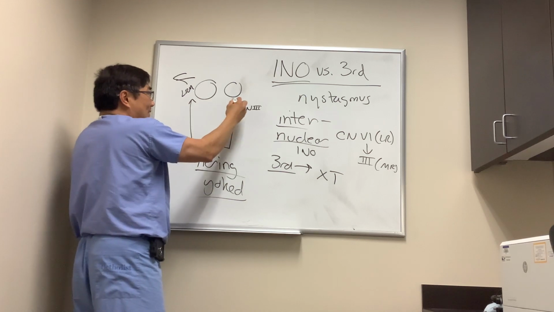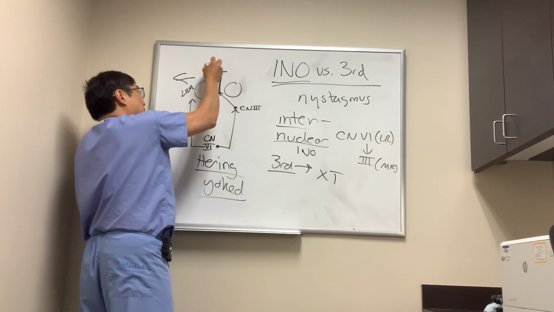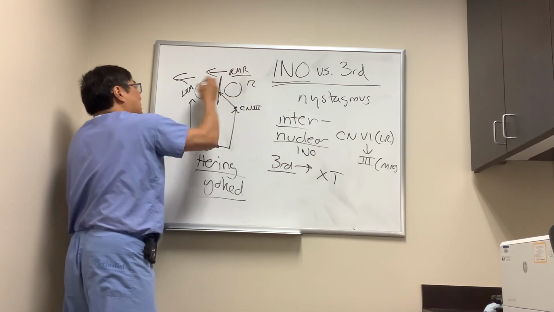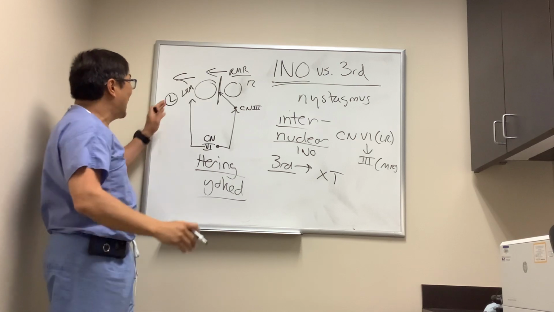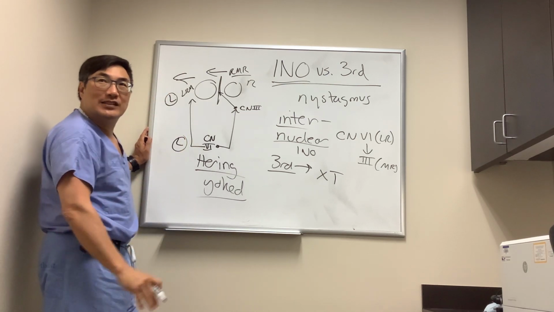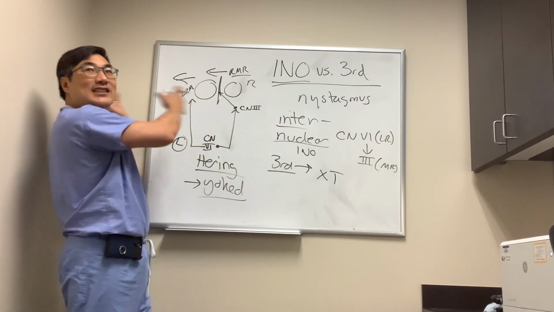We want cranial nerve 3 to fire this medial rectus muscle. So the right medial rectus has to fire as well as the left lateral rectus muscle originating from the left 6th nerve nucleus. So these two muscles are yoked together to get the eye to look to the left.